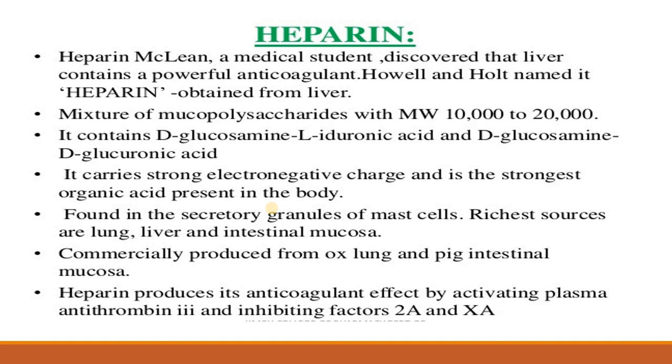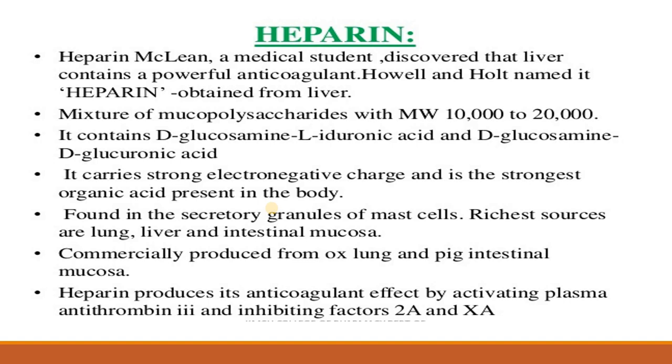Heparin is a mucopolysaccharide with molecular weight of 10,000 to 20,000. It contains D-glucosamine and L-iduronic acid, and D-glucuronic acid. It carries strong electronegative charges and is the strongest organic acid present in the body.